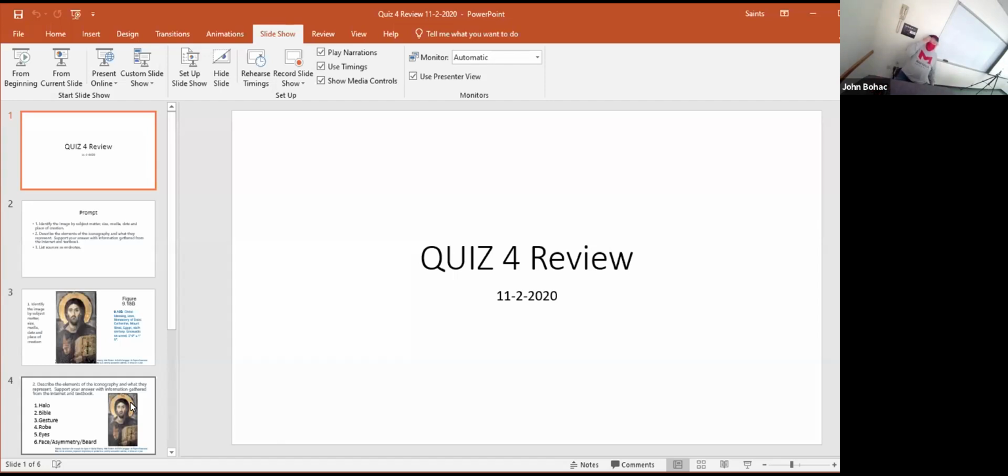And so what I wanted to say too is that some of you went into some discussion about how iconography was frowned upon in certain sectors and things like that. That part is true, but that's not really what I'm asking you.